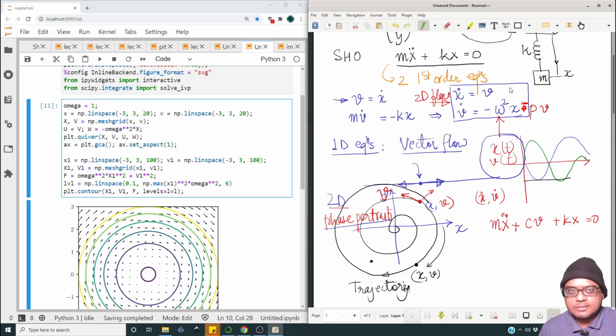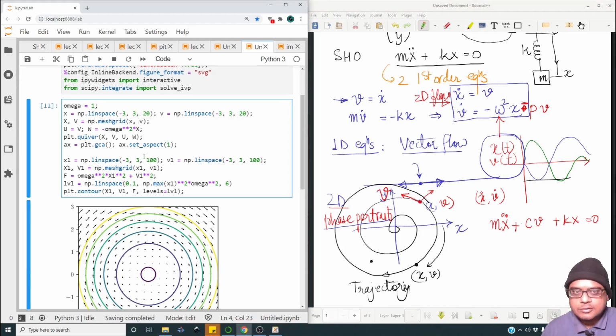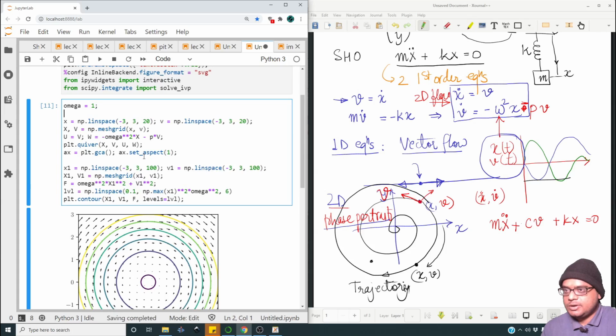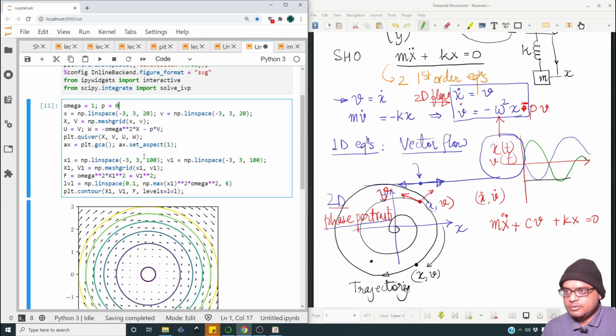Okay, so let's make this particular modification. So w will be minus p times v. Let me define p equal to 0.1, and let me remove this contour plot because that integration will not be exact.